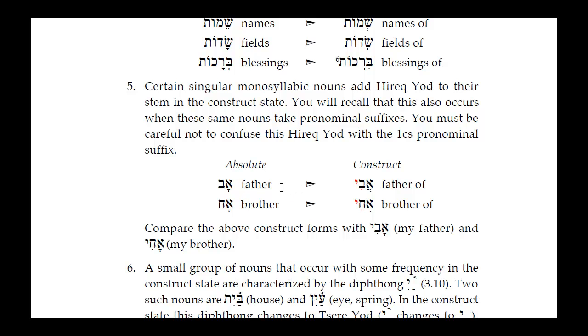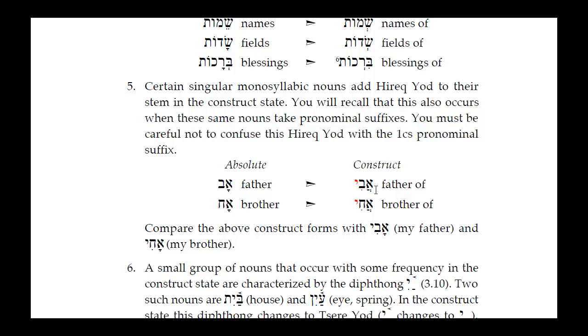Let's look at some examples and contrast and compare. We have av, which is father in the absolute. This is masculine singular absolute. When you bring it into the masculine singular construct, you add the Hirik Yod, which is highlighted here in red, and also you have a vowel reduction of the Qamets to a Hatef Patach, a compound Shva under the Aleph here, avi.